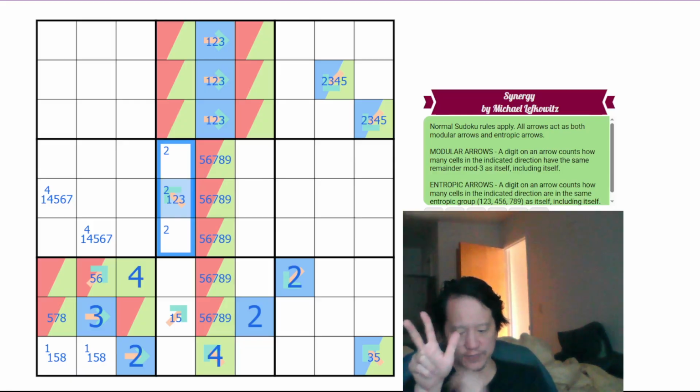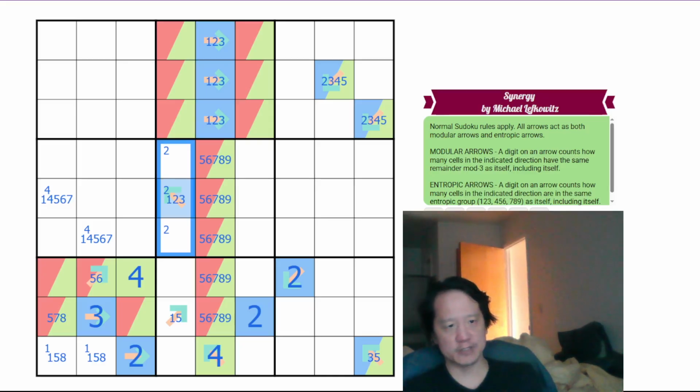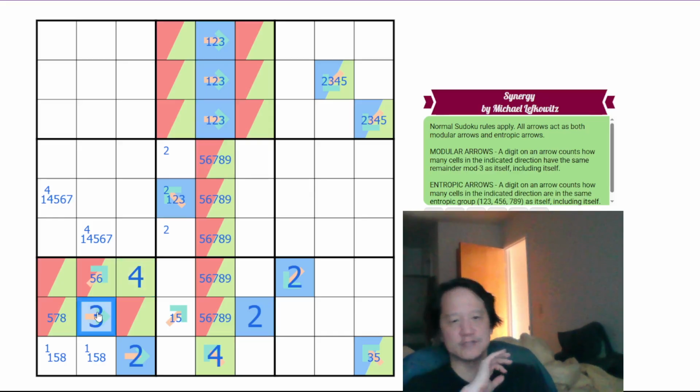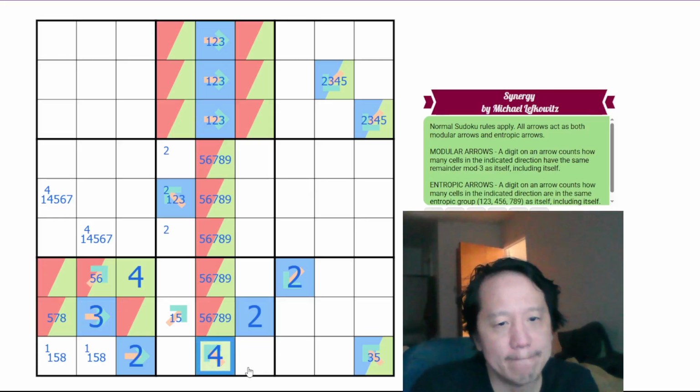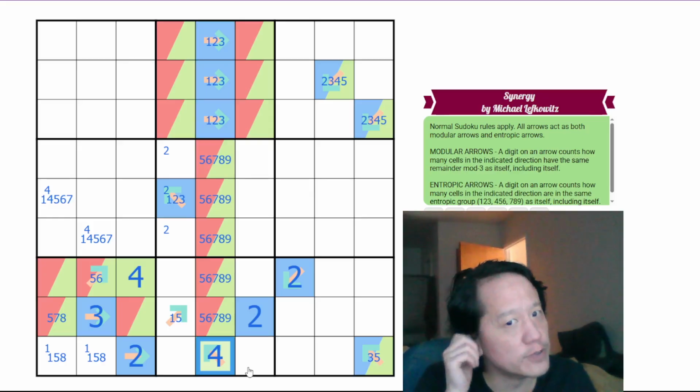That's 3 that satisfy the modular set and entropic set. So you need 2 more each that satisfy the modular and entropic set. So you could have 4 here. That satisfies the modular, that satisfies the entropic set. 3 doesn't satisfy any of them, so that's not going to work there. Okay, so it could be 5 still.